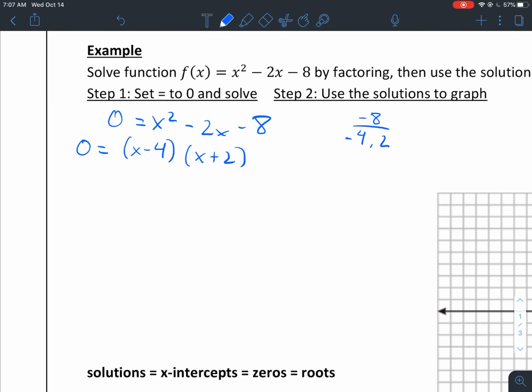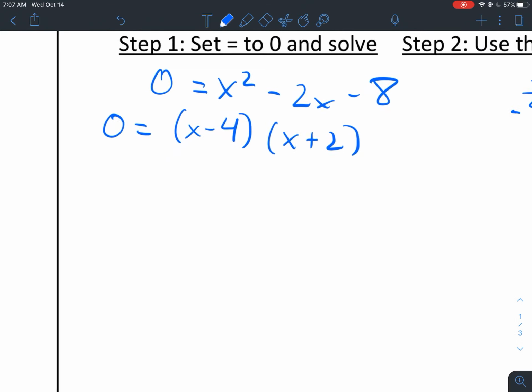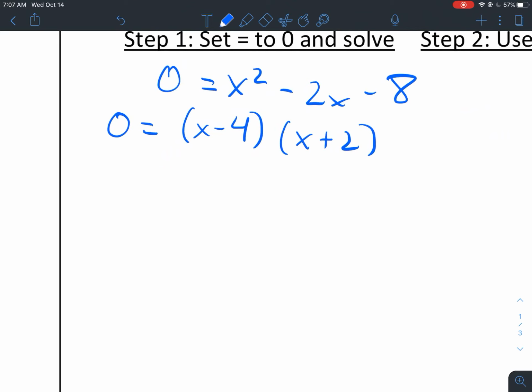Now to find the solutions of this graph, what is going on here? We have two binomials multiplying to equal 0. One rule that we know in math is that when you multiply anything by 0, you're going to get 0. So if this binomial equals 0, that means that the function is going to equal 0.